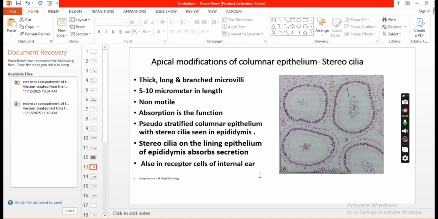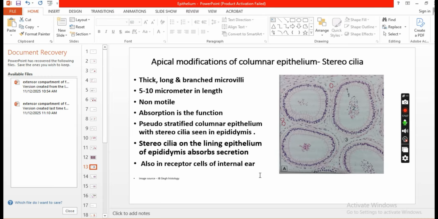It's nothing but the longer and branched microvilli. You can see this kind of epithelium in the epididymis, a small comma-shaped body on the posterior border of the testis. It's a storehouse for the sperm.